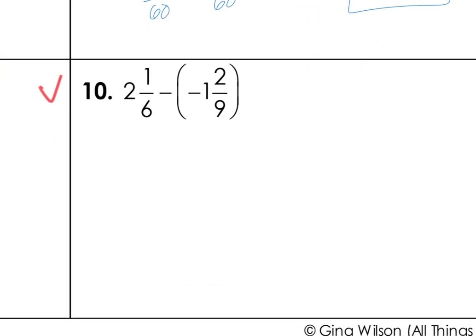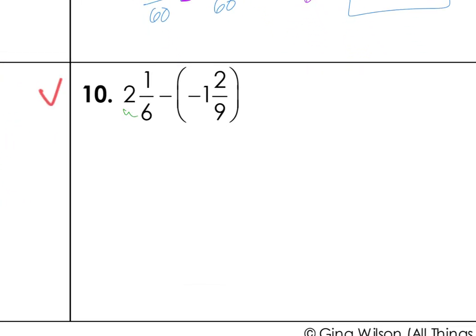Last one. 6 times 2 is 12. 12 plus 1 is 13. 9 times 1 is 9. 9 plus 2 is 11. And check it out. Negative is positive. So what we can do here, let's see. 6, 12, 18.